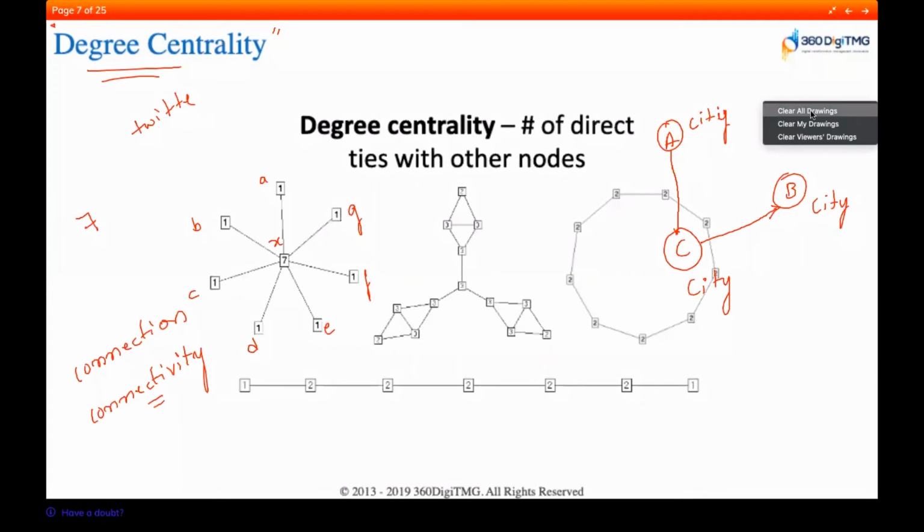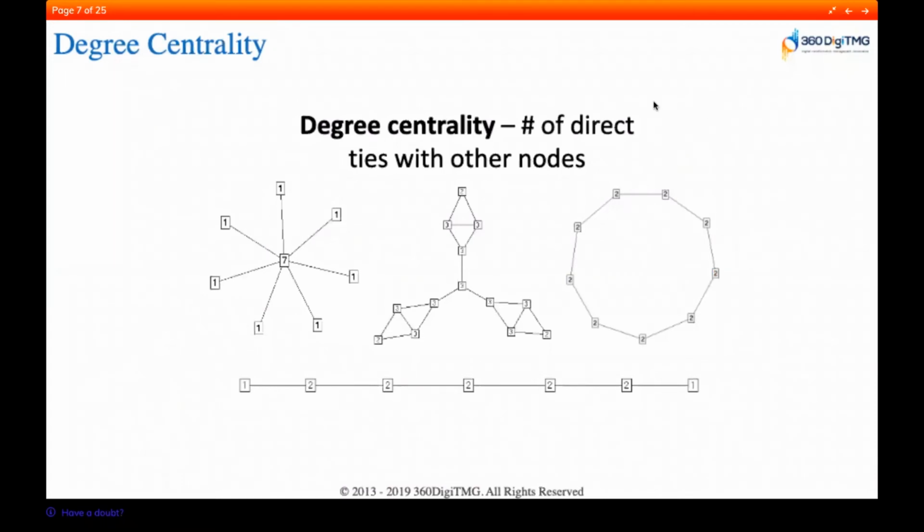Now let us go back to the same example that I told you. Suppose I need to identify a particular person to promote my ad so that I can get many views on my promotion.